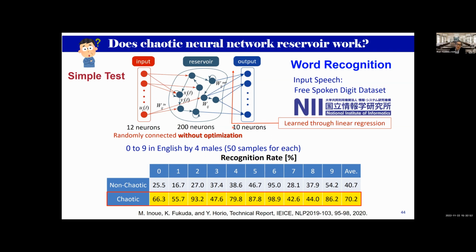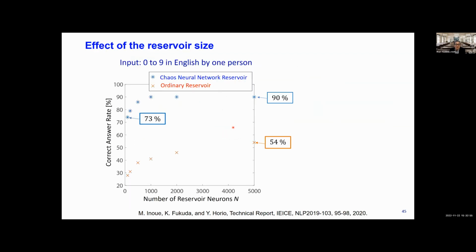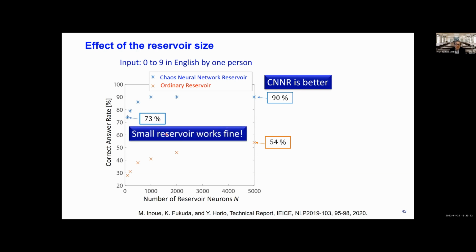So this result encouraged us, and so we changed the size of the reservoir from 50 to 500, sorry, 5,000. The blue one is the result from the chaotic neural network reservoir, and this orange one is the result for the ordinary reservoir. If you look at this figure, it is clear that the chaotic neural network reservoir is better, and more importantly, a small reservoir works fine. This is very good for future edge hardware implementation.